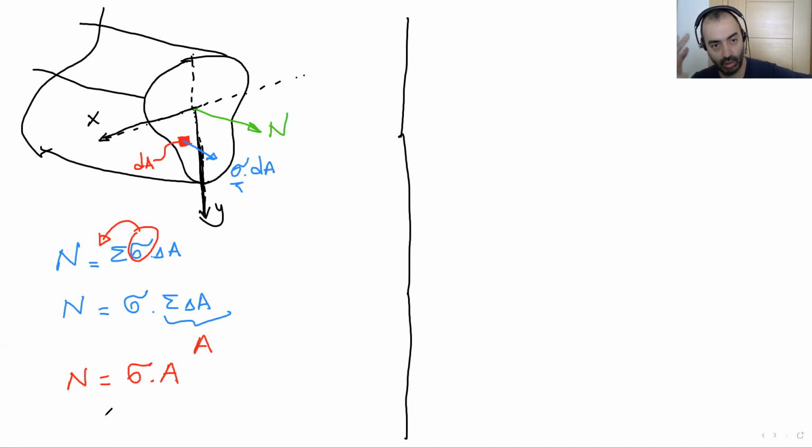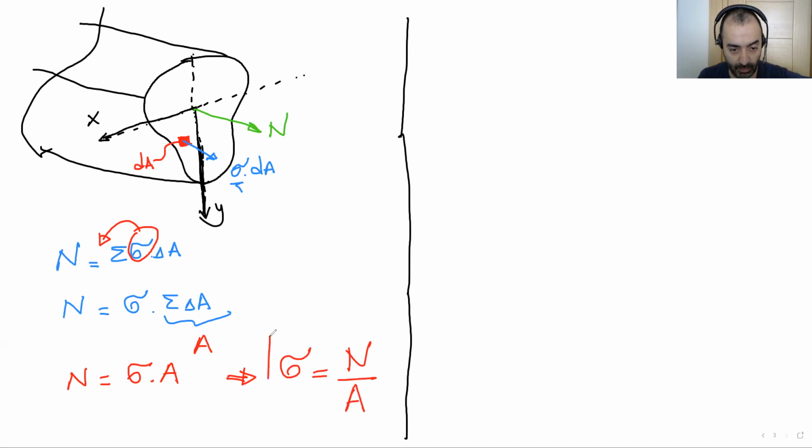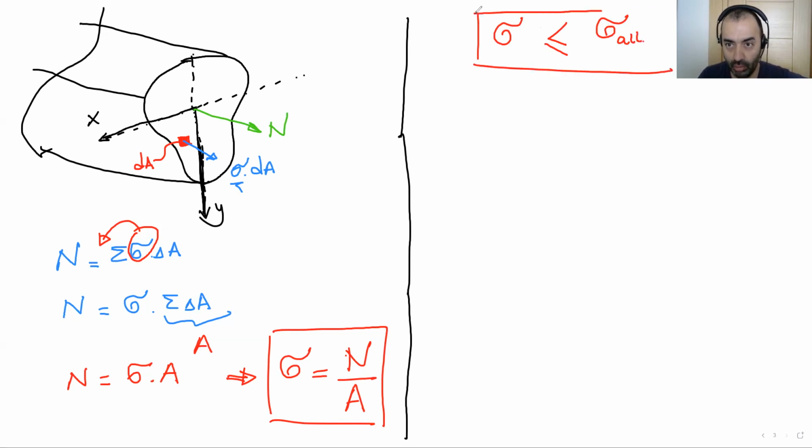So stress times area gives us the axial force, or we can do N over A if you like to check the axial stress. This axial stress should be less than or equal to the axial allowable stress.